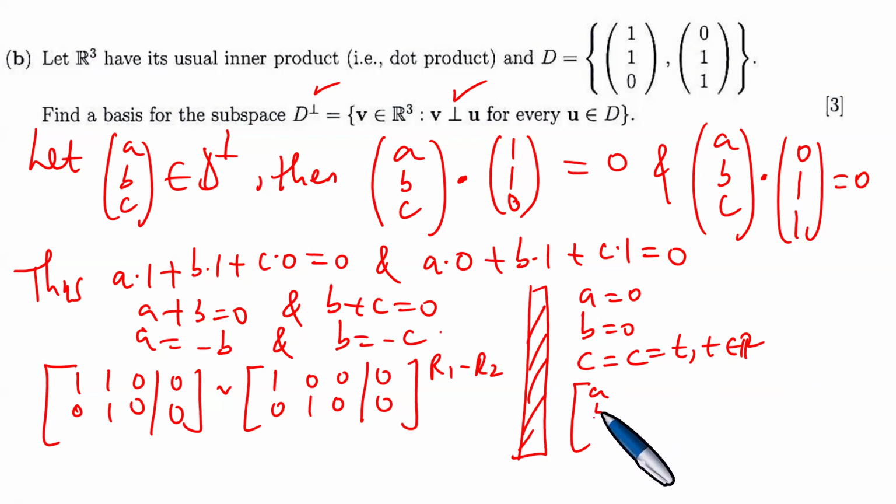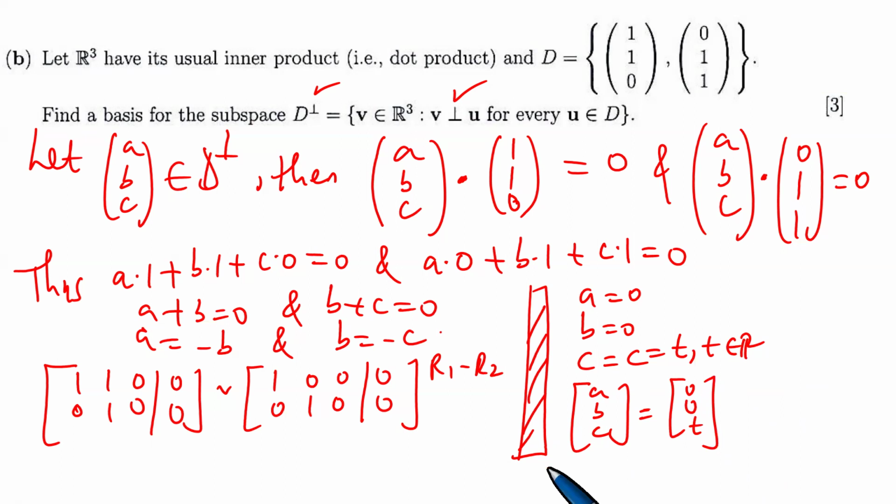Now you have the vector A, B, C, and then A is 0, B is 0, and then C is what? It's T. Yeah, it's T. Well done. It's T, like this.